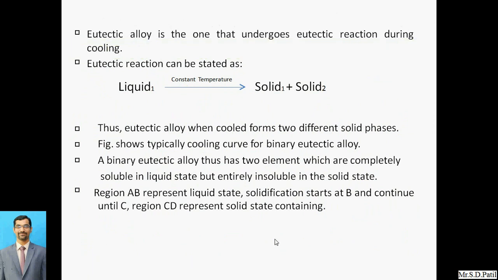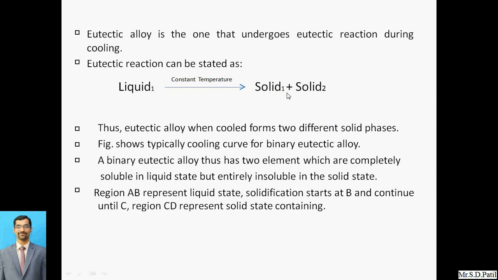Now the eutectic alloy is the one that undergoes the eutectic reaction during cooling. So when the cooling is started, when we drop the temperature, at a constant temperature, we are going to achieve two different solids.